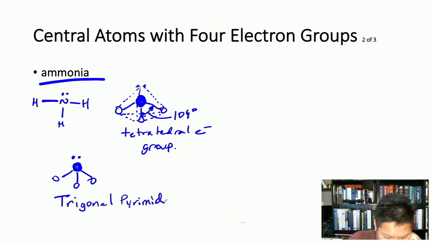Or some people just call it trigonal pyramidal, right? Because the pyramid is just there, right? If you had a bond up here going to something, then it would be a tetrahedral, but since it doesn't have that, that's why it's a trigonal pyramidal, or trigonal bipyramid. Sorry, trigonal pyramid. And again, remember, 109 degrees between these bonds.